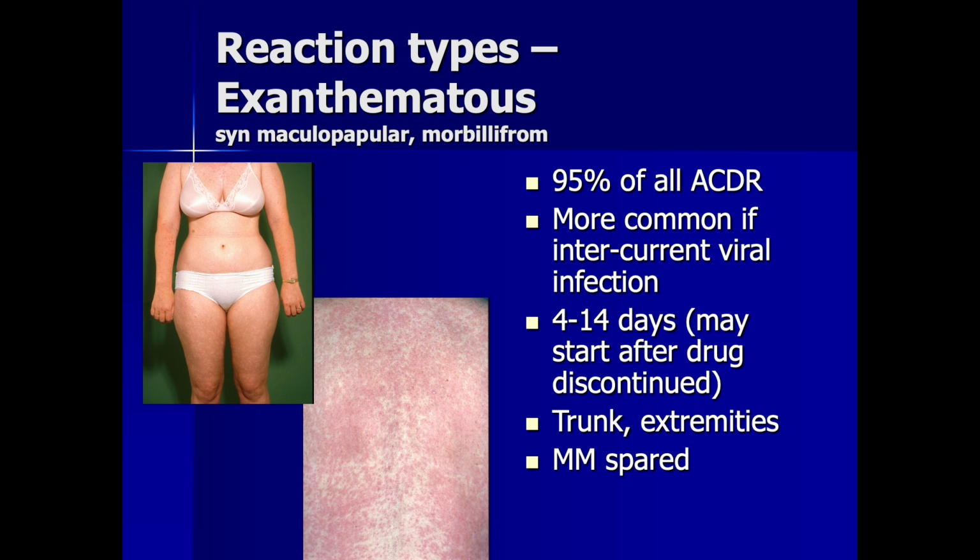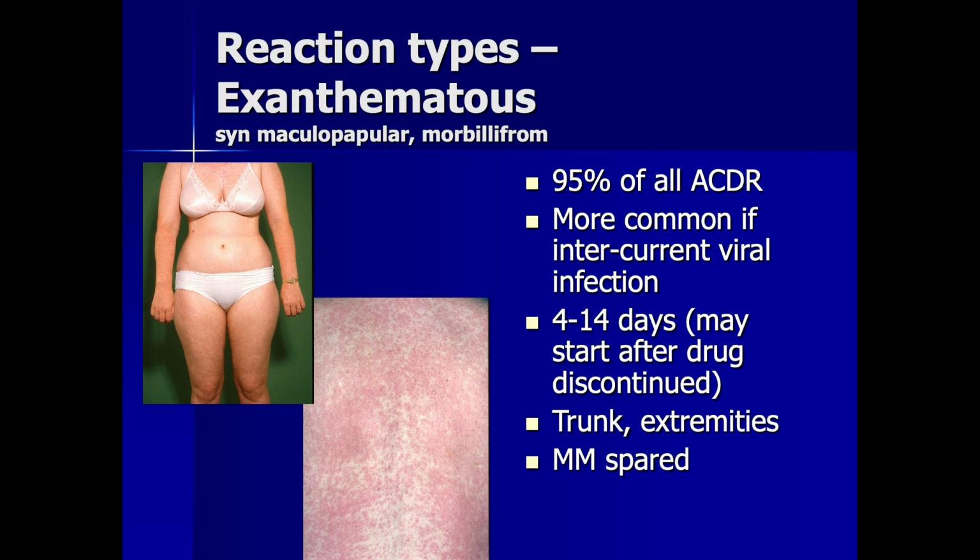It occurs much more frequently if an antibiotic, for example, is prescribed with an intercurrent viral infection. Lag between introduction of drug and rash, anywhere between 4 and 14 days. So as previously stated, the drug rash may start 2 or 3 days after the drug course is finished.